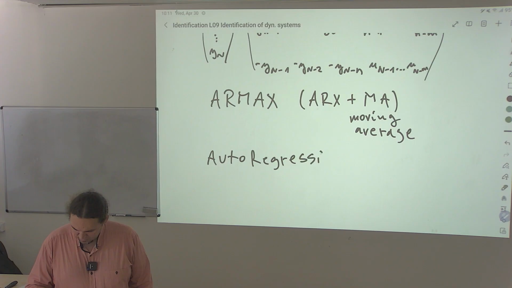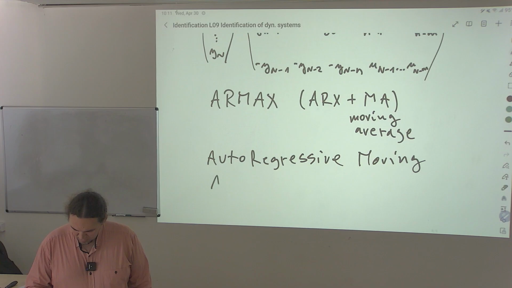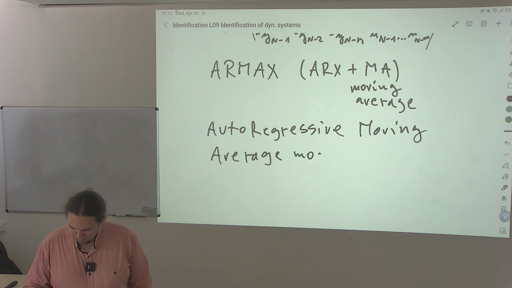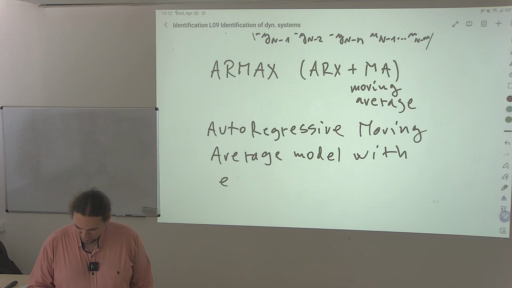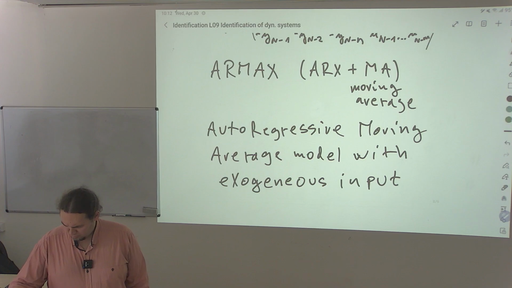Auto-regressive moving average model with exogenous input.